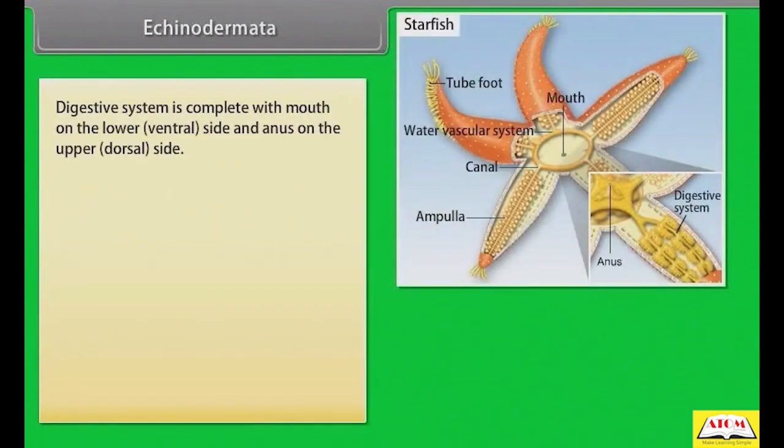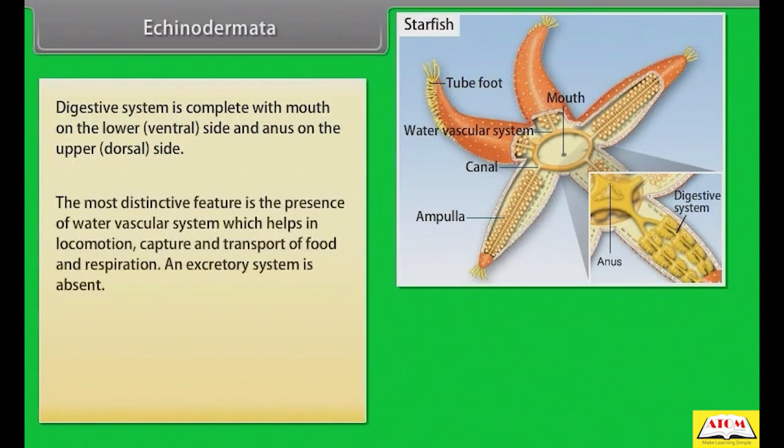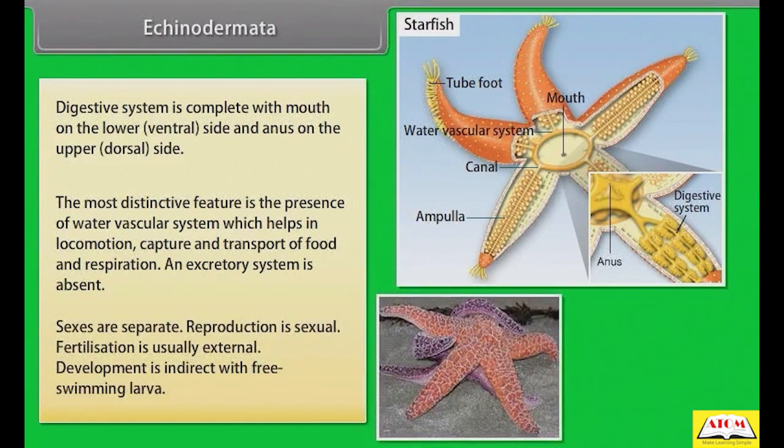Digestive system is complete with mouth on the lower ventral side and anus on the upper dorsal side. The most distinctive feature is the presence of water vascular system, which helps in locomotion, capture, and transport of food and respiration. An excretory system is absent. Sexes are separate.